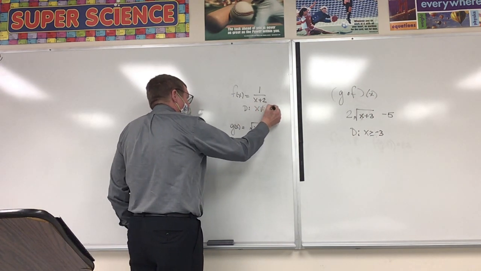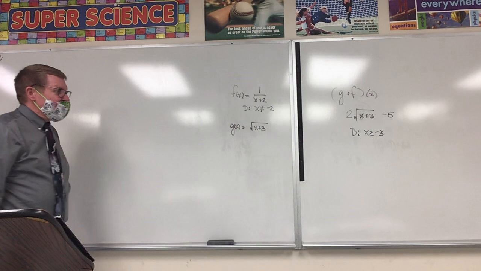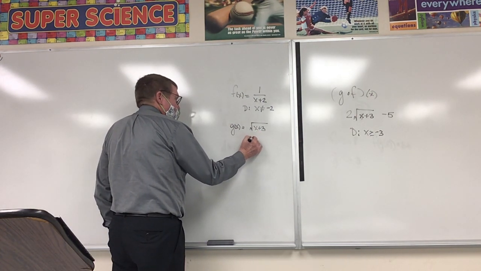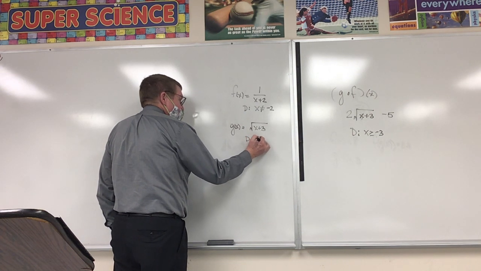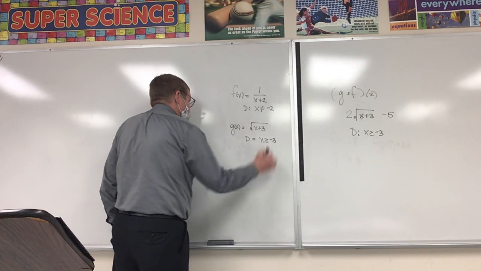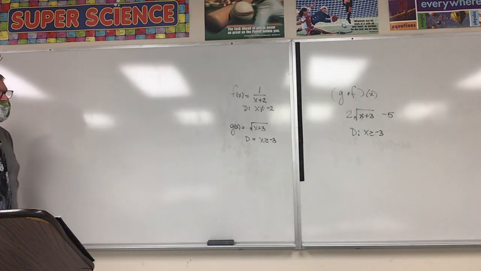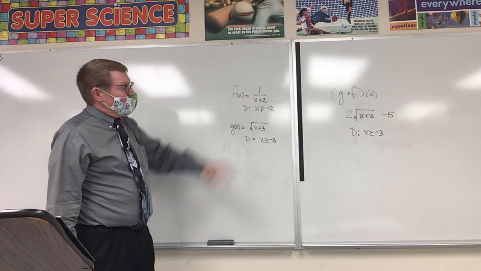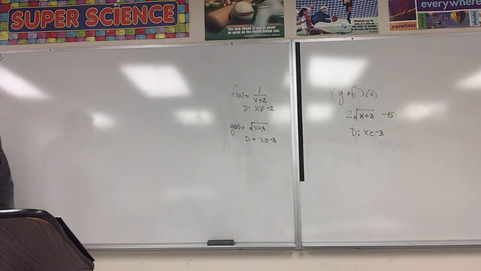X does not equal -2. What's my domain here? X is greater than -2. Okay. What kind of results do I get here? 1 over x plus 2. What kind of results do I get?